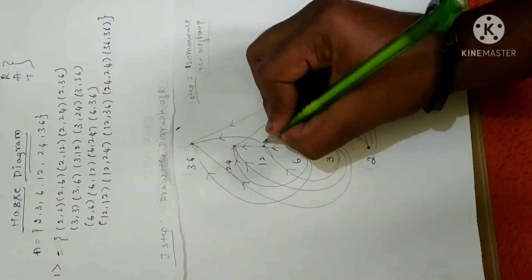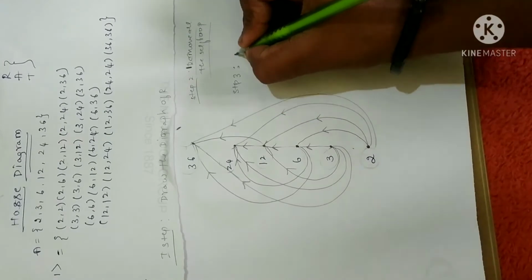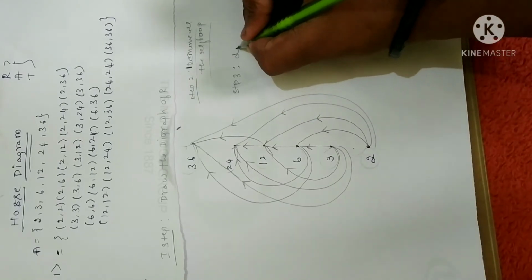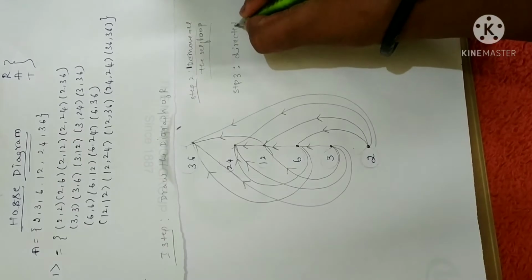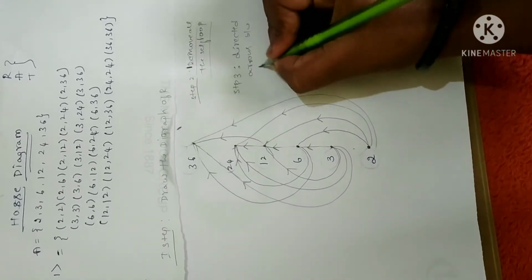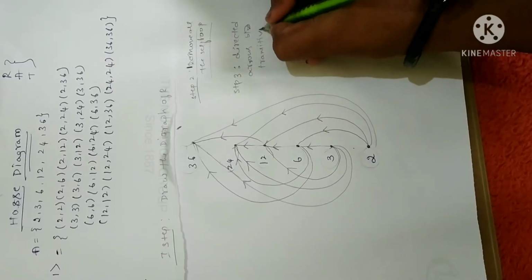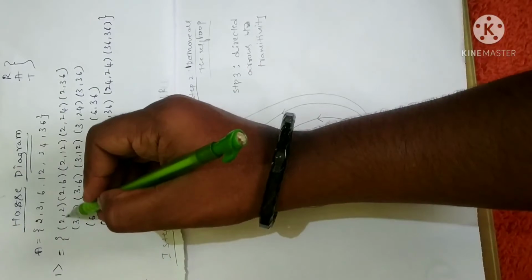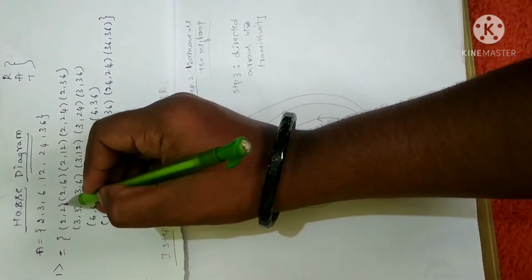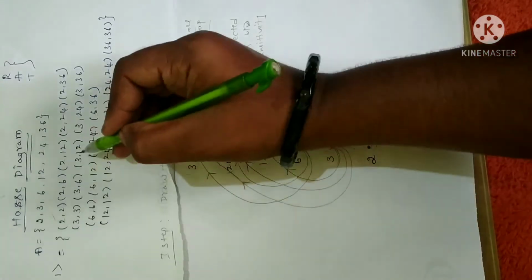Next, in the third step, after removing the self loops, you have to remove directed arrows because of transitivity. For example, except the reflexive terms, in the sense 2,2 is repeated, it is in reference to reflexive, so you leave the reflexive terms.